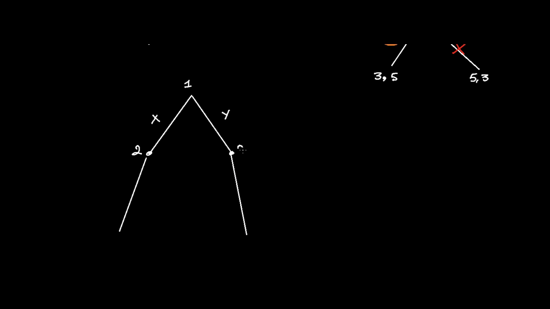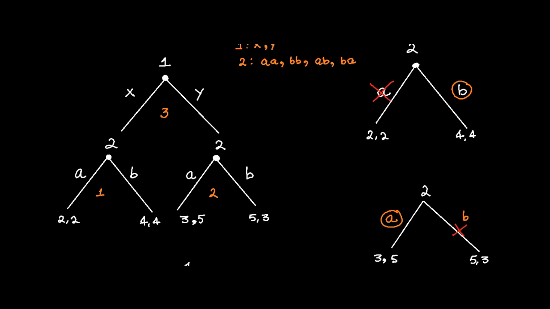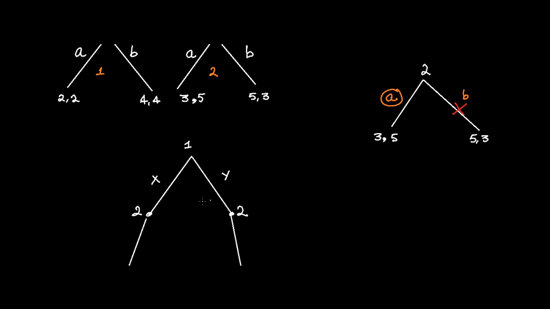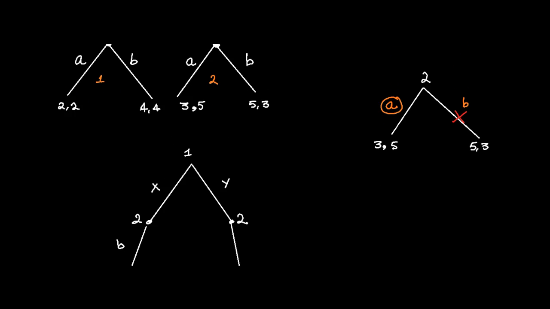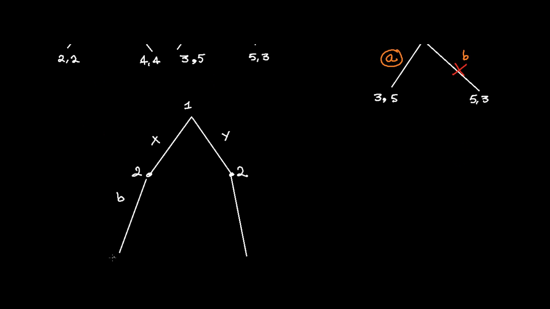This is 2. From the first sub-game, he has chosen B, which is 4, 4. From the other sub-game, he has chosen A, which is 3, 5.